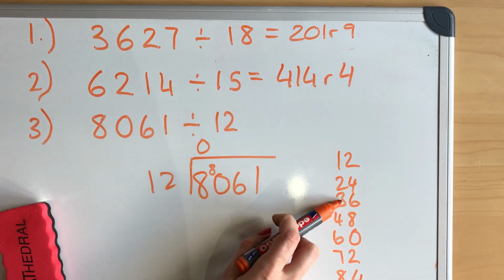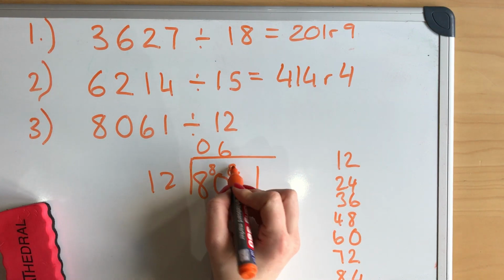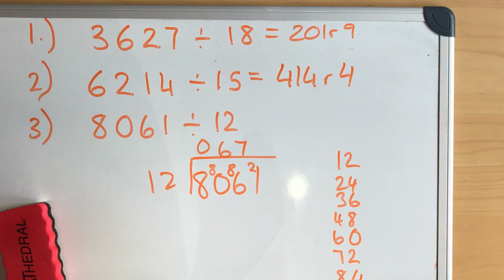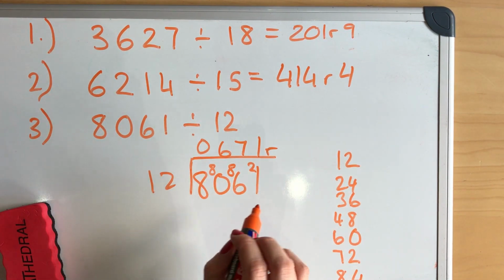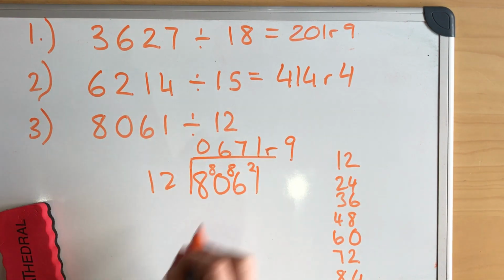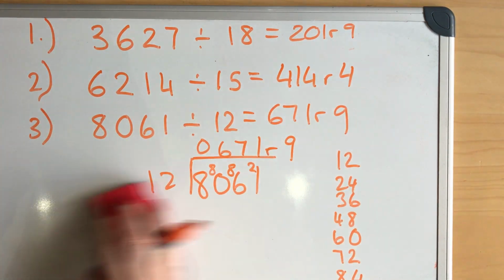Then 1, 2, 3, 4, 5, 6 will be 72, so I carry my 8. 7, the remainder of 2, and then 1. 21 take away 12 is going to give me 9. So your answer to this one is 671, remainder 9.